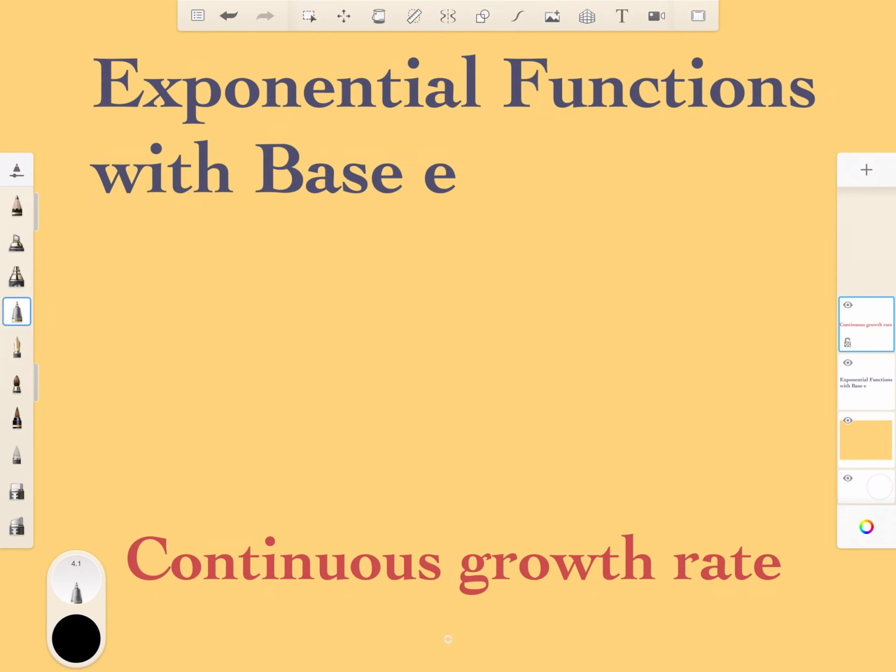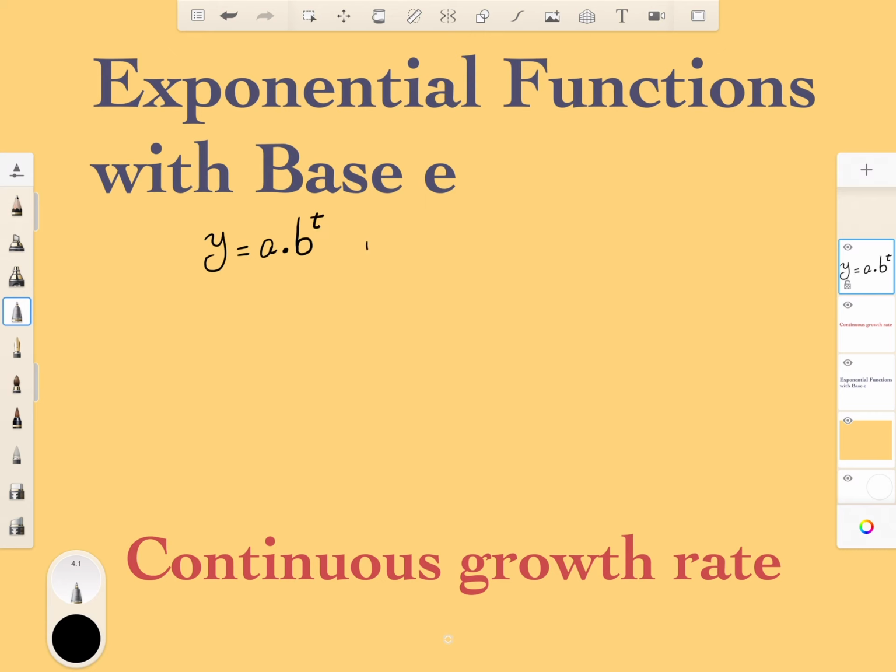Hello everybody. In this video we're going to learn a new exponential function which has a base e. What we know so far is the basic formula for an exponential function, which is y equal to a, the initial value, multiplied by b to the exponent t.